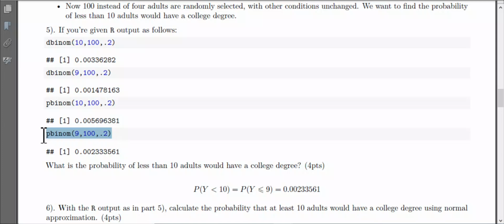This pbinom is for the cumulative case. But if we do the d case, that's only the probability for y equals 9, just one point. And here with the p, that means the probability up to 9, less than or equal to 9.